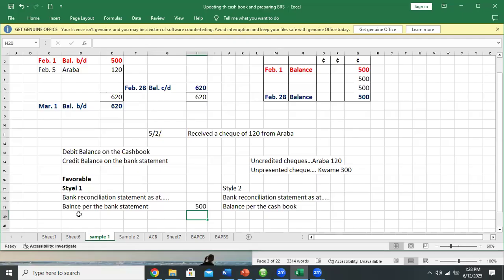You are going to add the 120, and that 120 is uncredited check of 120. And when you add it, you get 620. However, if you choose style 2, which is beginning with your balance on the cash book, 620, then this time you have to do what? Less the uncredited check.